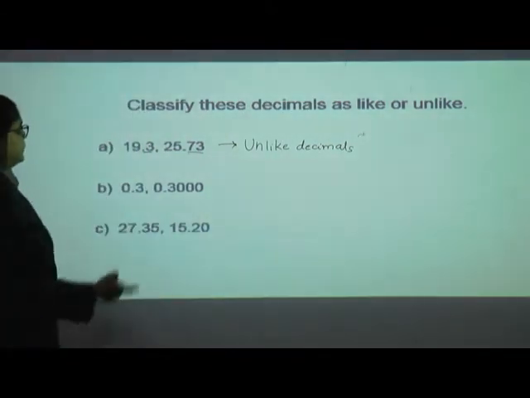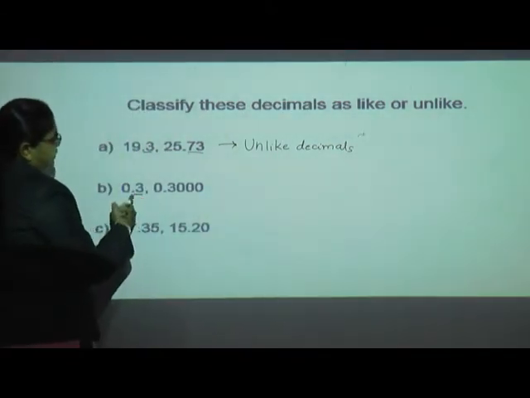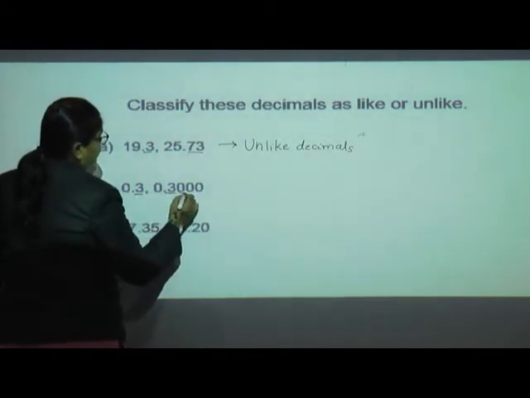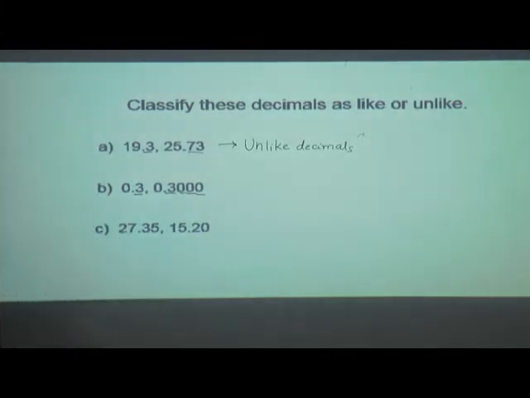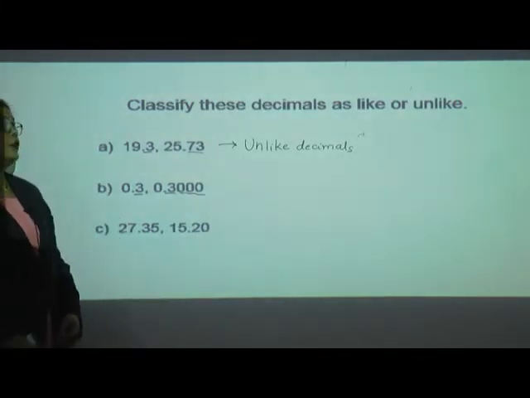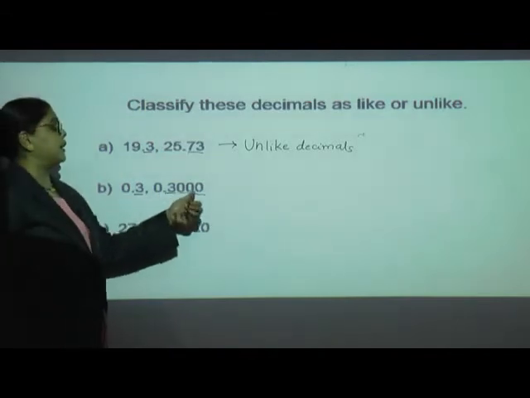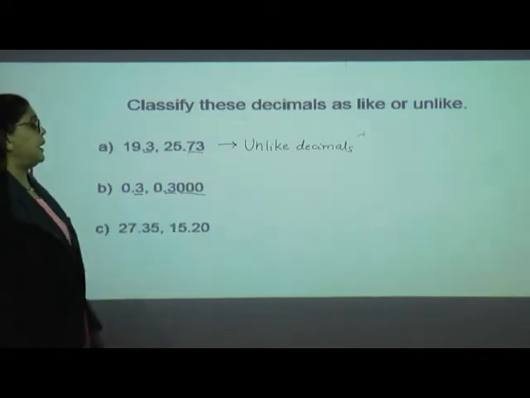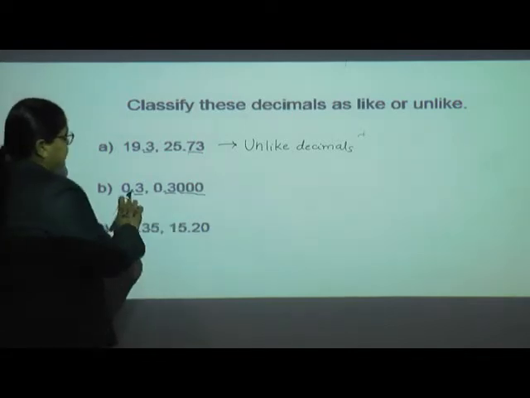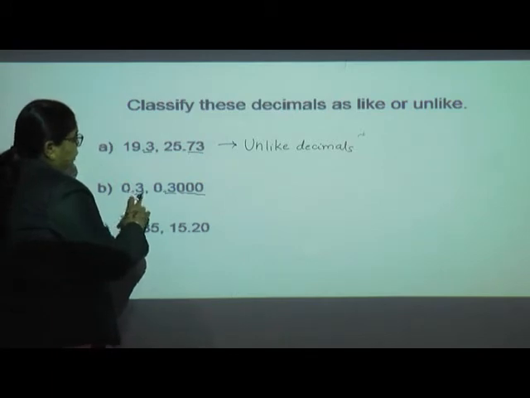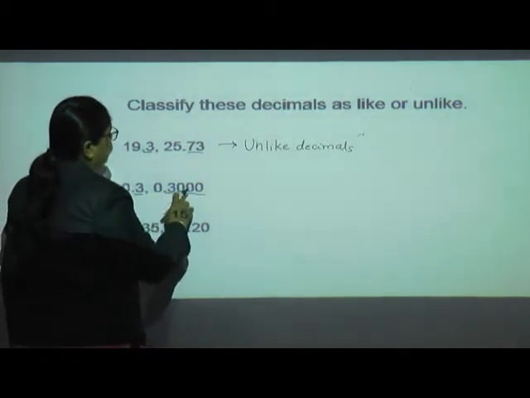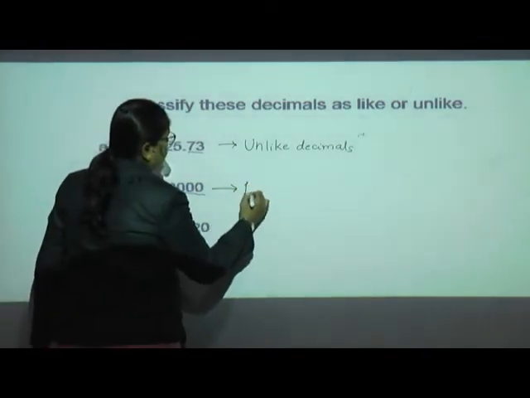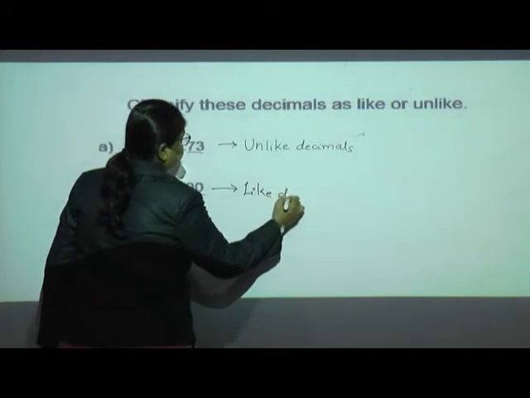Now we will compare this. After decimal, 0.3 and 0.3. I told in the previous class also, if the values after the decimal are the same in both numbers, and the number of zeros after that doesn't change the value, can we say it is like decimal? Yes, we can say it is like decimal, because here 0.3, here also we have 0.3, and the zeros don't change the value, so it is known as like decimals.